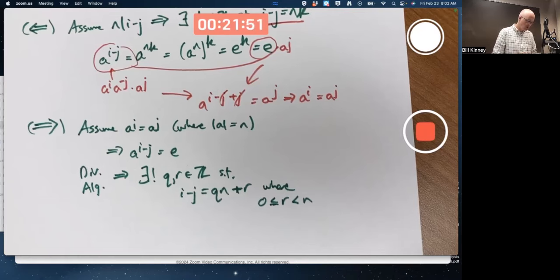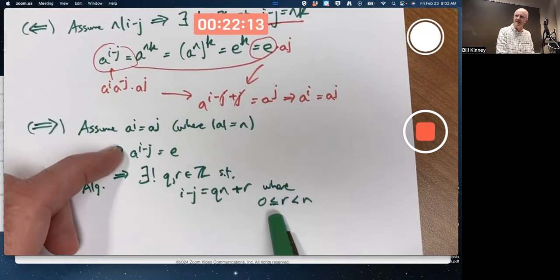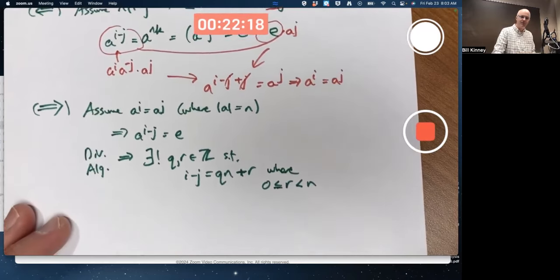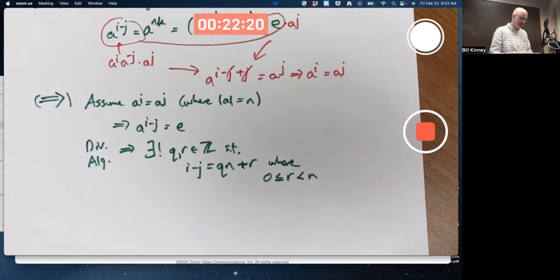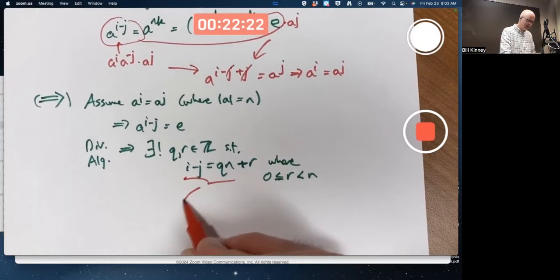Again, what's our goal? Our goal is to show that n divides i minus j. It'll be good enough to show r equals 0. We don't know at the start here that r equals 0. We want to show that. It must be related to this fact, or the original fact. Do a little experimentation. Okay, what would this equality imply?